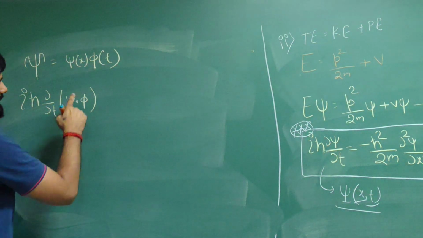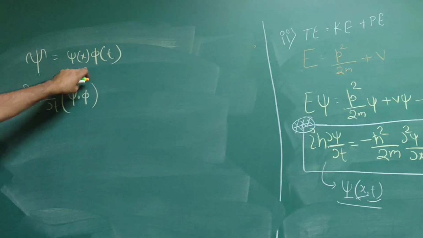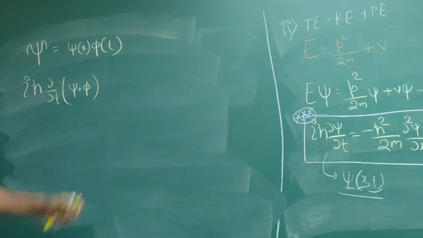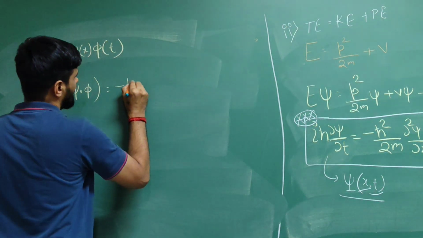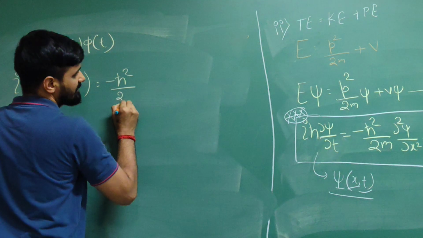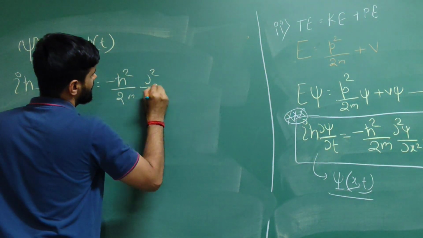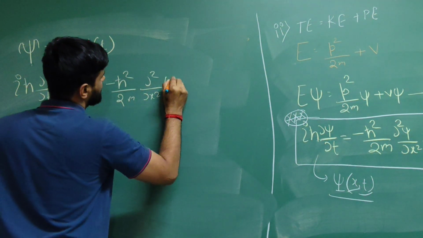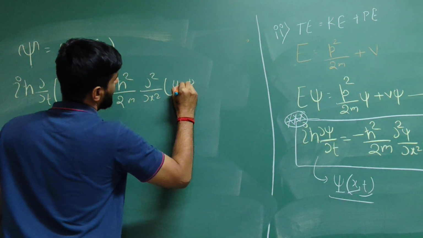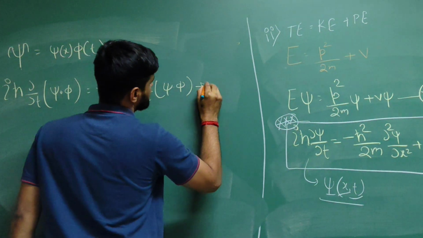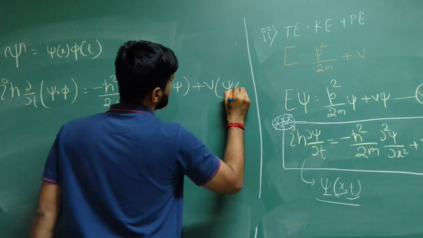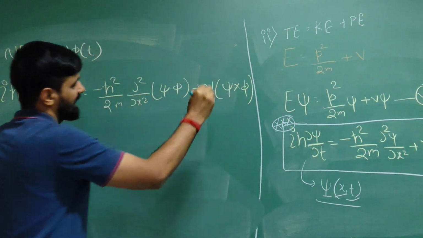If I am writing psi as a function of x, and phi as a function of t, that is equal to minus h square divided by 2m del 2 by del x square of psi into phi, and then plus V into psi into phi.